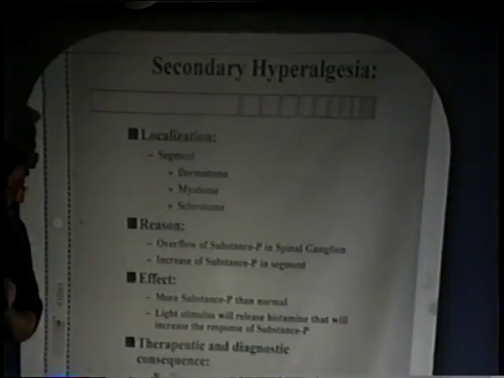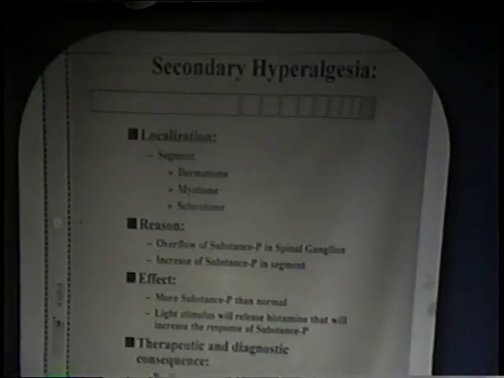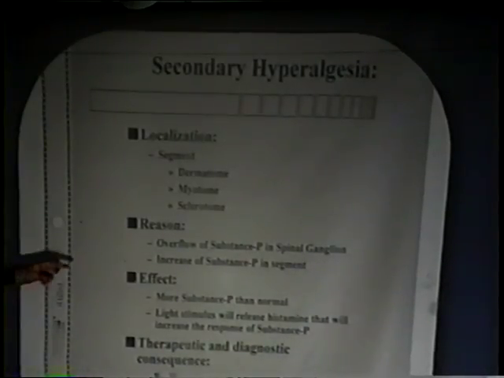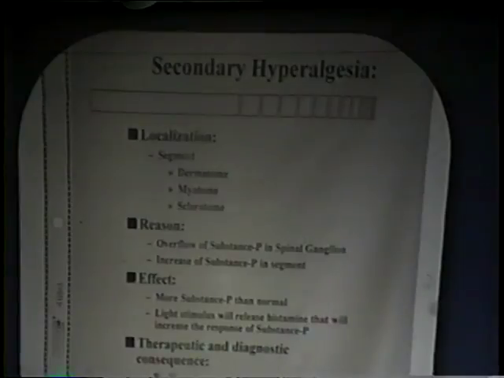This gives an increase of substance P in the entire segment. The effect of this is that we have more substance P than normal in the entire segment. So it will be hyperreactive.